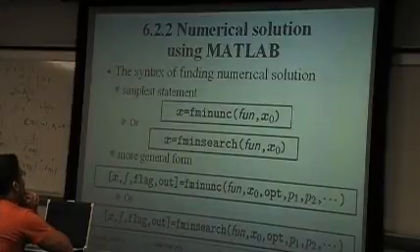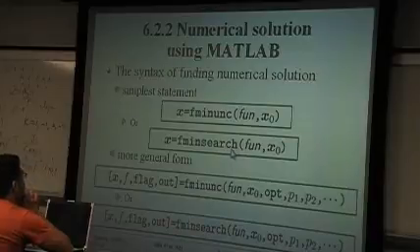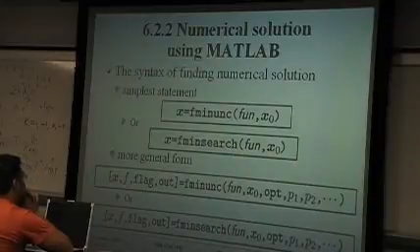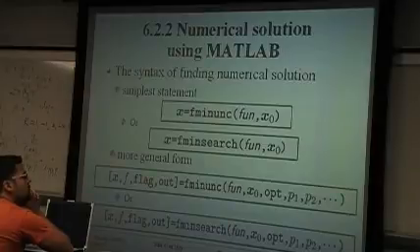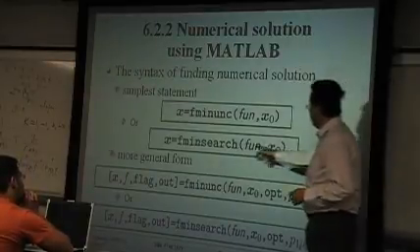To solve a minimization problem, what we need to do is to call a function called fminsearch. It is provided in Matlab, so once you have installed Matlab, you do not have to install any other toolboxes. You can use fminsearch to find the minimization of a given objective function.